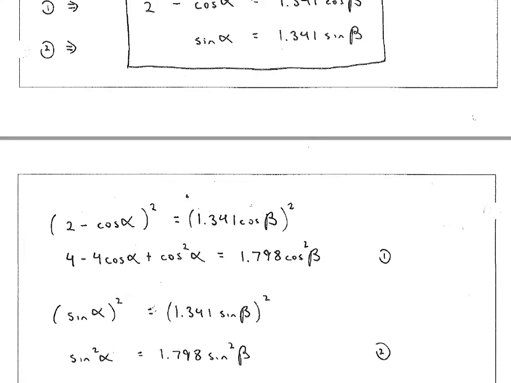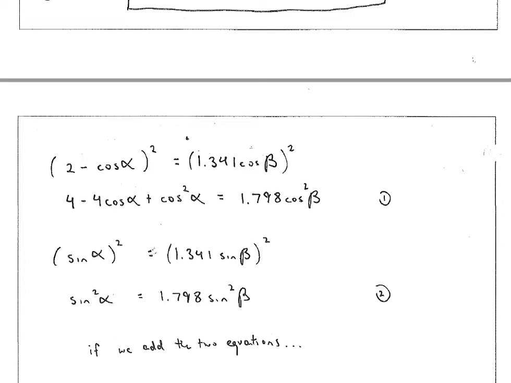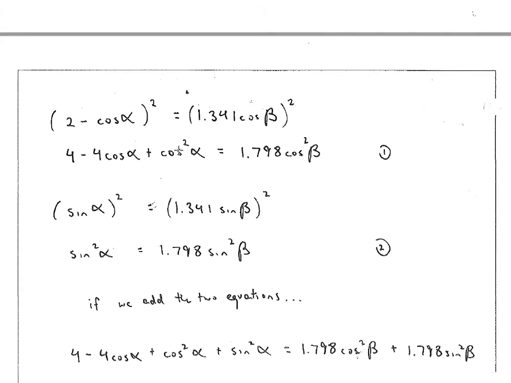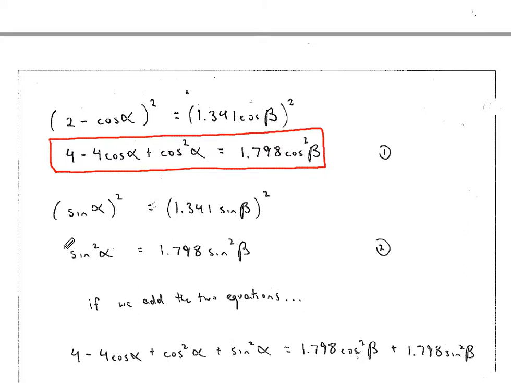Now this is where the fun part comes in. If I add those two equations together, here's my first equation, here's my second equation. You have 4 minus 4 cos alpha plus cos squared alpha plus sine squared alpha.